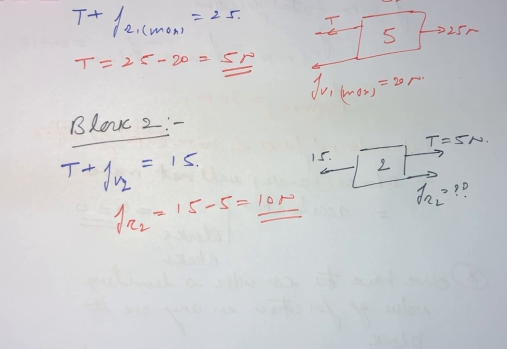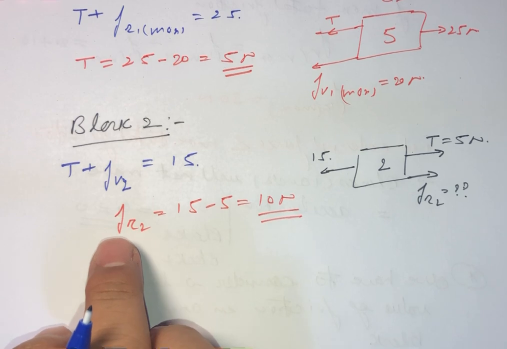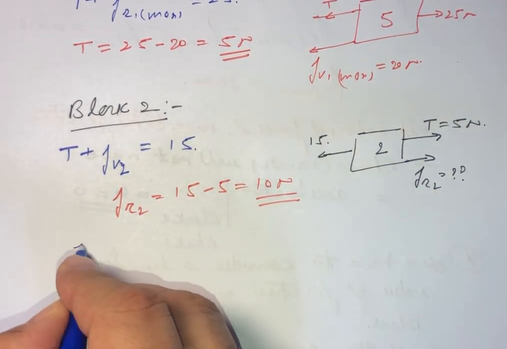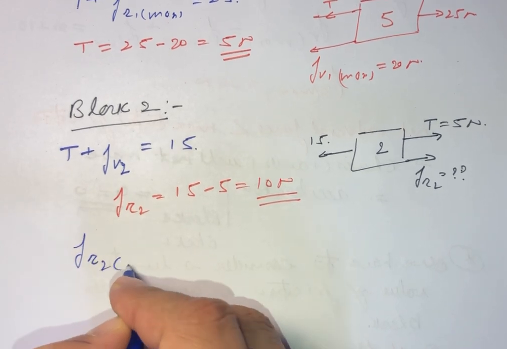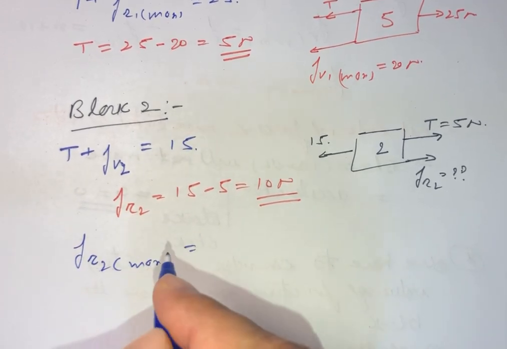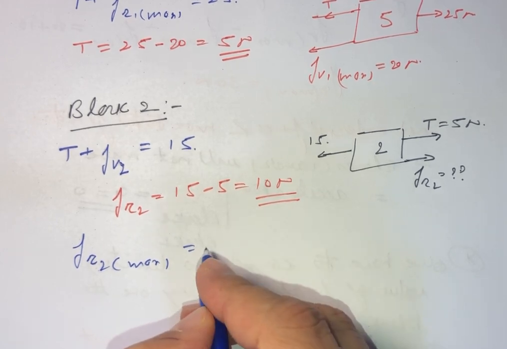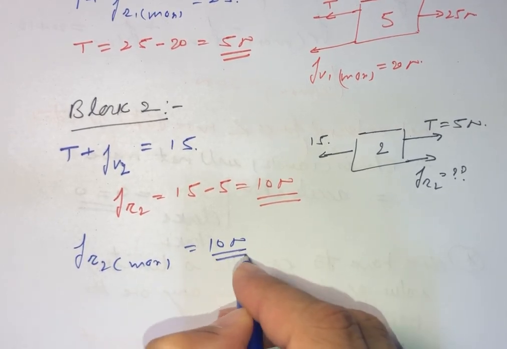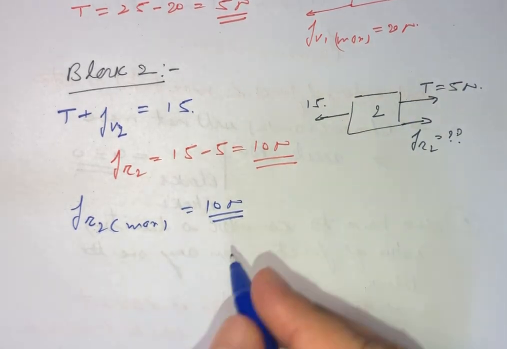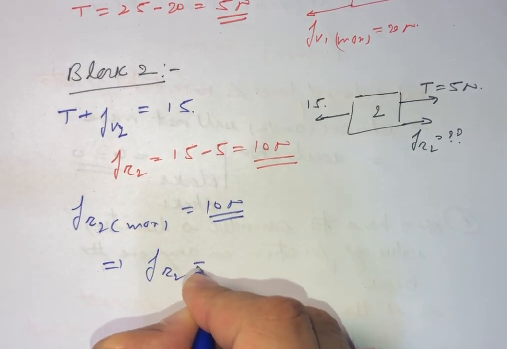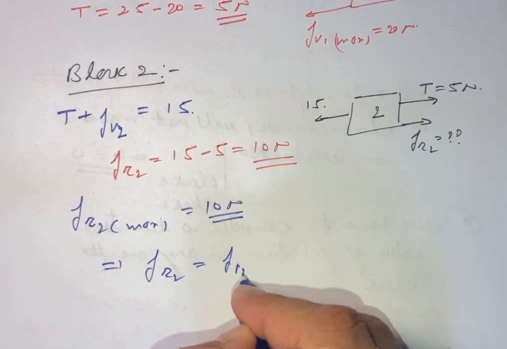Next, in order to evaluate, we make a comparison between Fr2 and the maximum value of Fr2, and we already know that Fr2 max is 10 Newton. So from here we can say that our Fr2 is equal to Fr2 max.